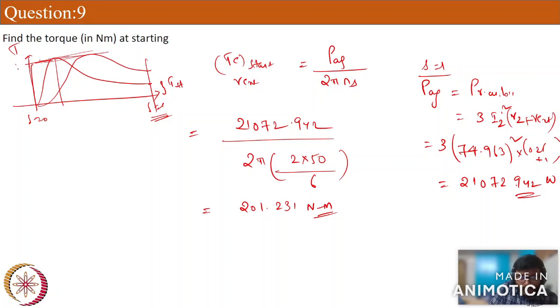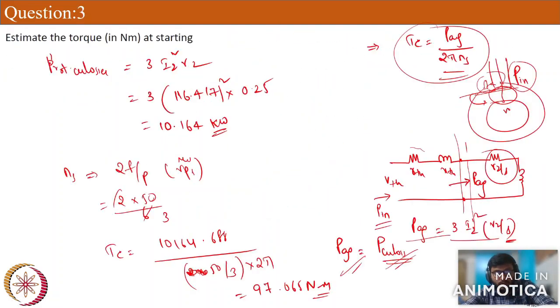Maximum torque won't change, but your starting torque will improve. I will explain why the maximum torque is not changing when we add resistance, and why the starting torque is improving, in the next session.